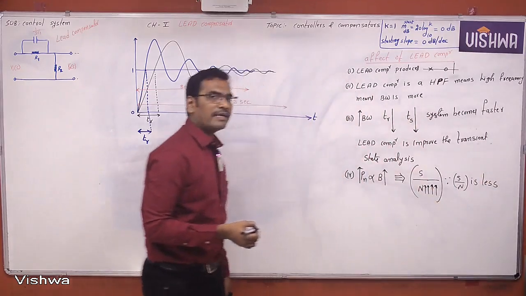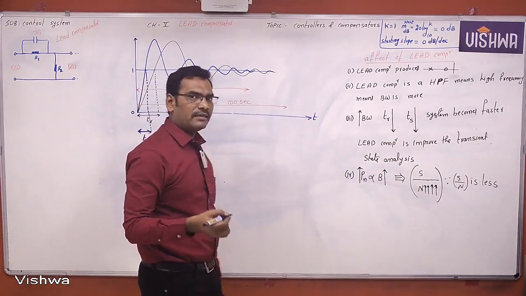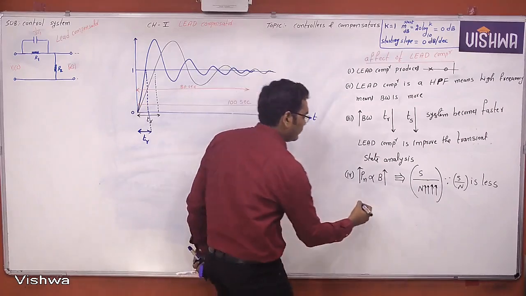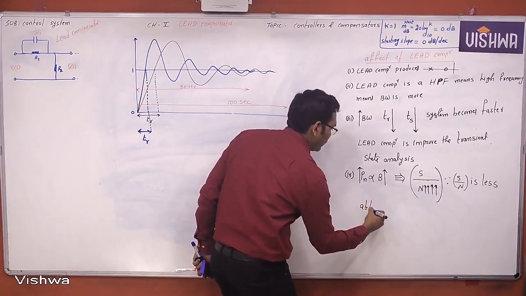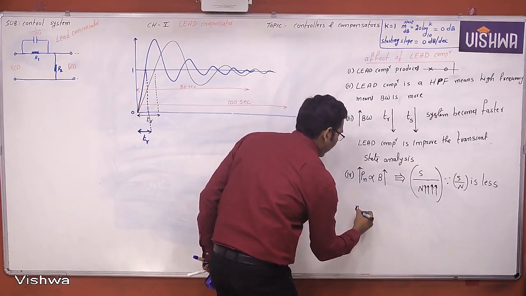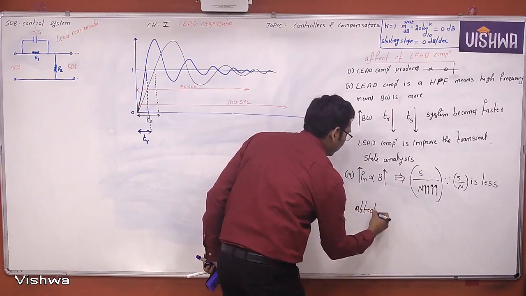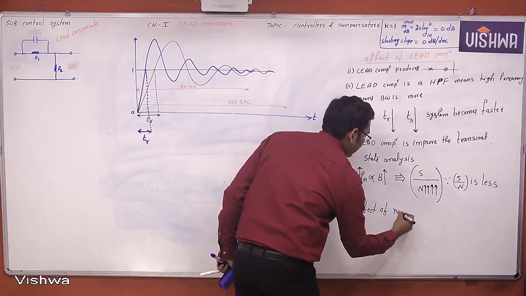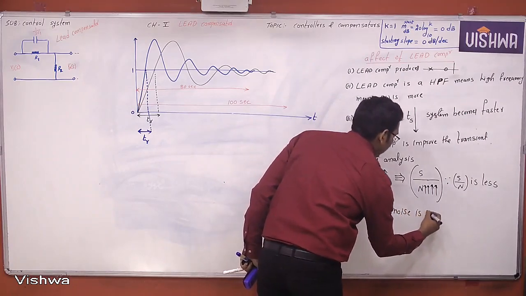When signal to noise ratio is less, what happens? The effect of noise is very high.